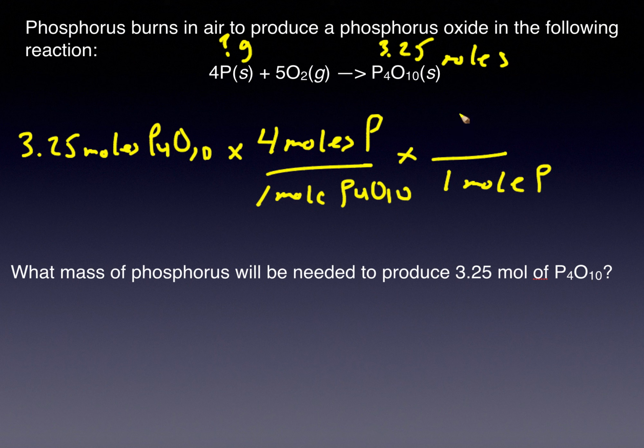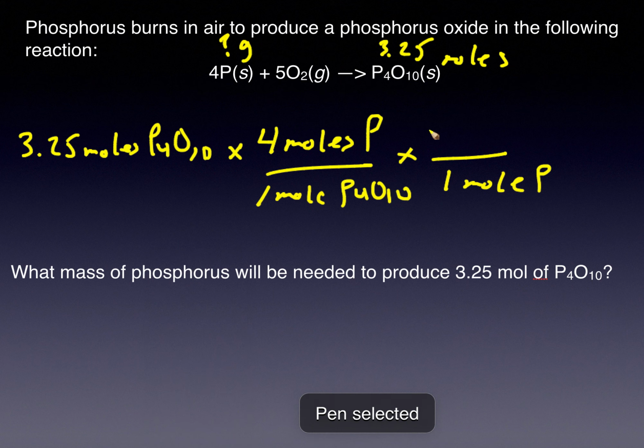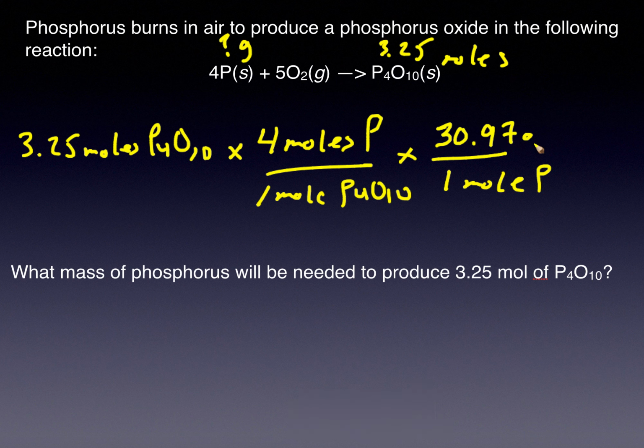And then just plain phosphorus, P, will be 30.97 grams of phosphorus.